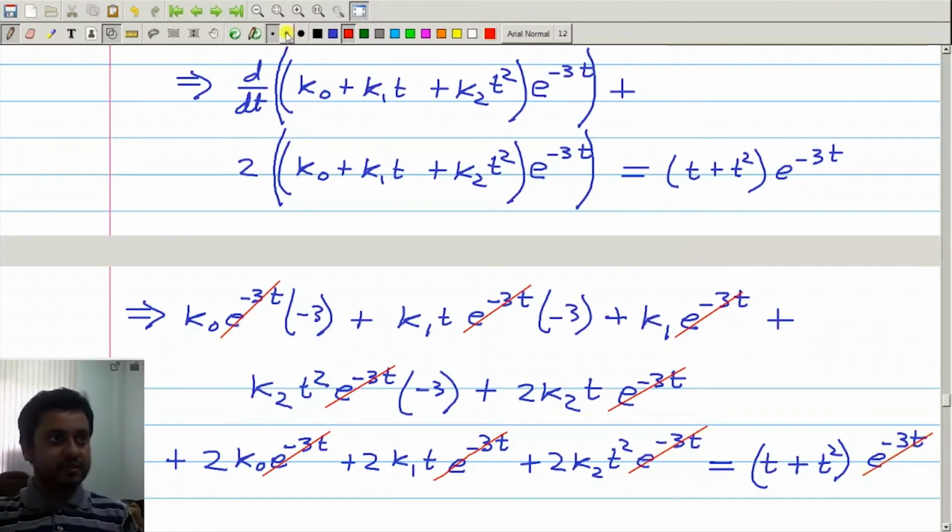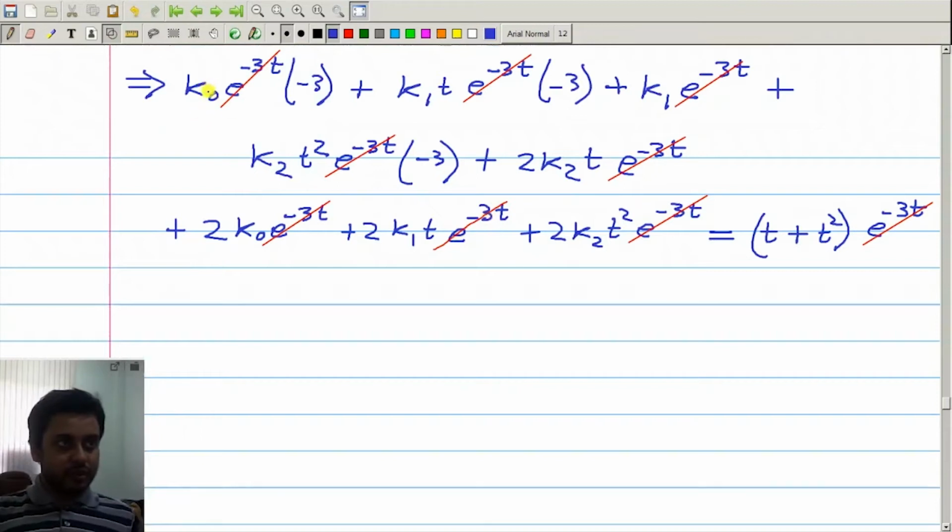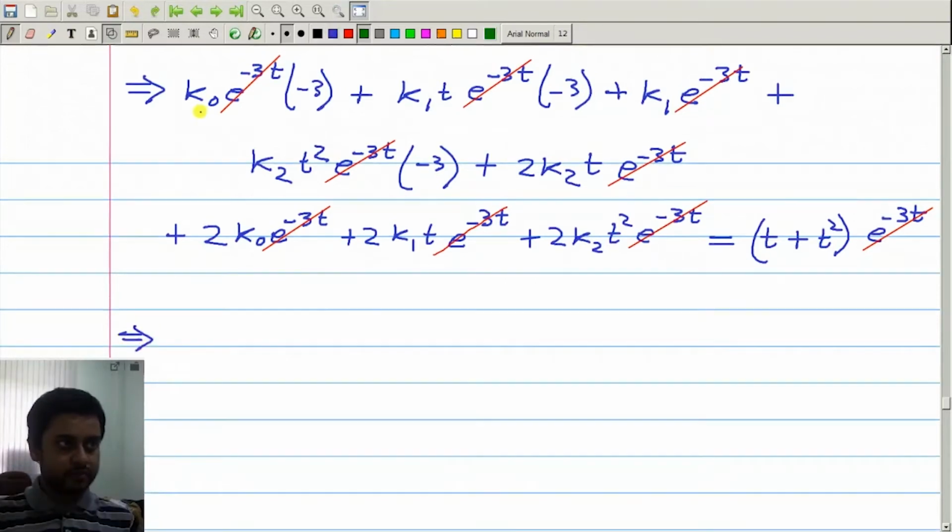And then let me group the similar terms on the left side, and we shall get minus 3k0, then plus k1, then plus 2k0.